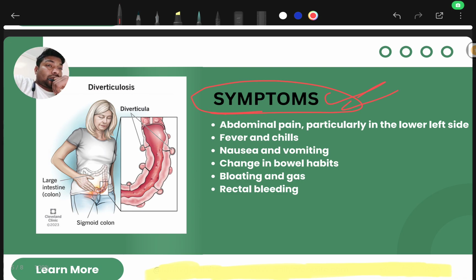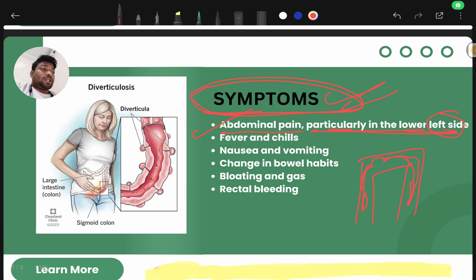Colonic diverticulitis can show different symptoms like abdominal pain, okay, particularly in the left side. So why left side? Colonic diverticulitis can occur anywhere or in any parts of the colon, but here it is written that particularly in the lower left side.